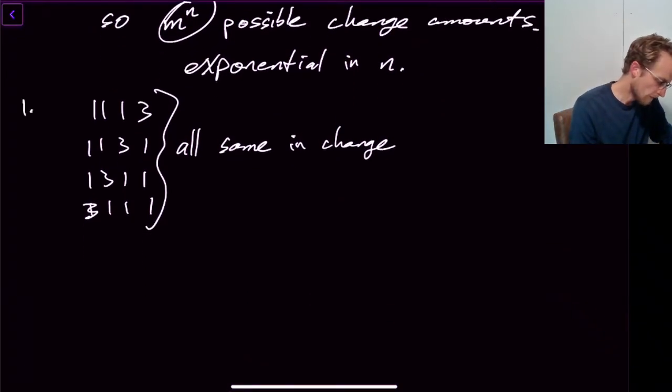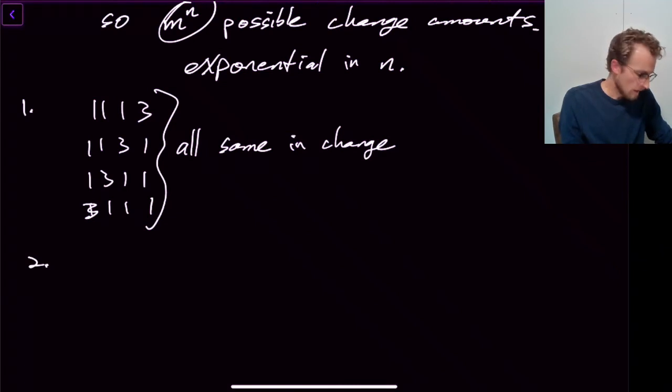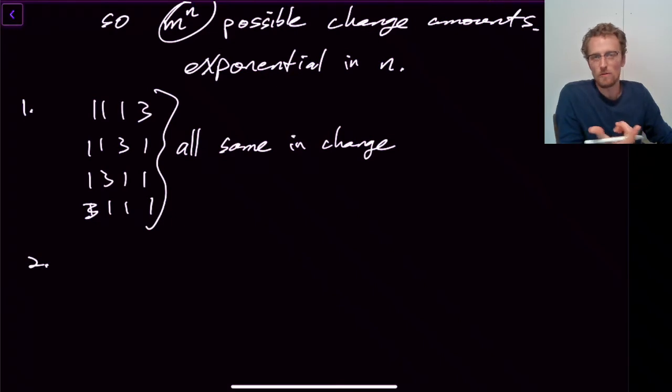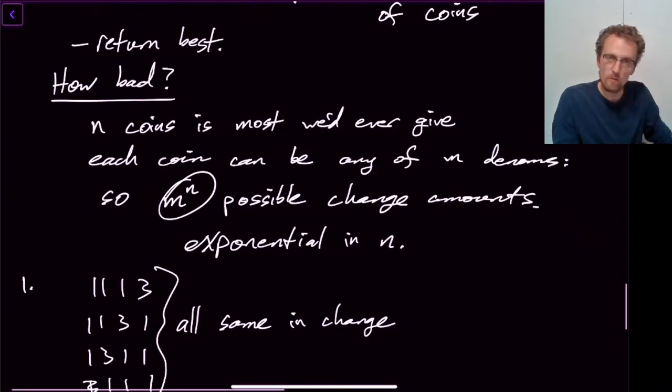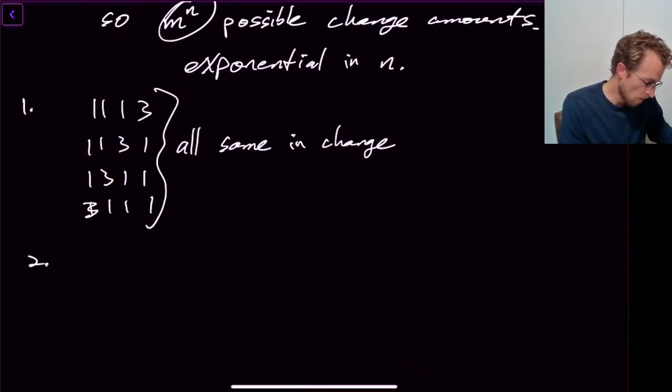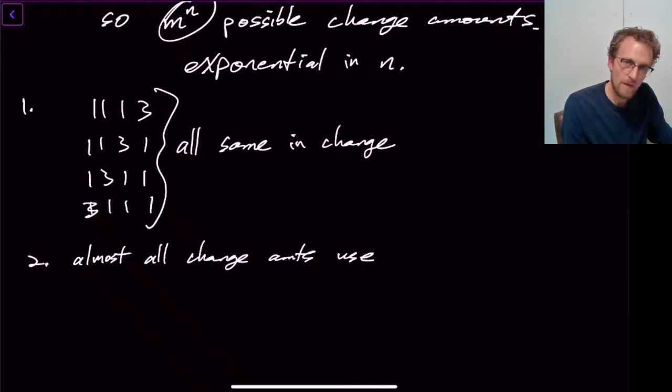So there's one inefficiency. Here's a second inefficiency: exhaustive search is looking at too long of coin strings, or at least our analysis here, where we said m to the n, is looking at too long of coin strings. So almost all change amounts use fewer than n coins.